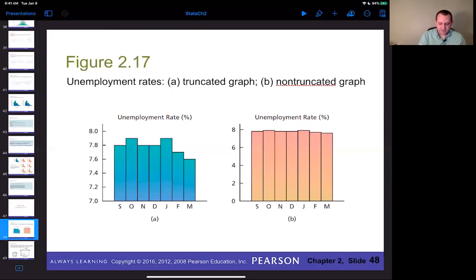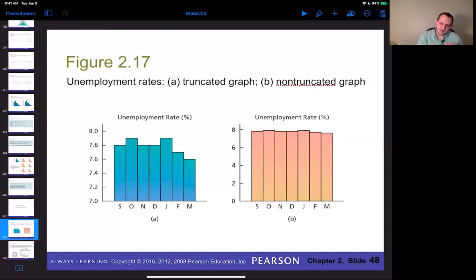So, misleading graphs. We want to be sure that we're representing our data in as unbiased a way as possible. We have two good examples here. Both of these are perfectly true graphs, and they give you an idea of what unemployment is doing at any given time and whether it's increasing or decreasing and roughly what it is.